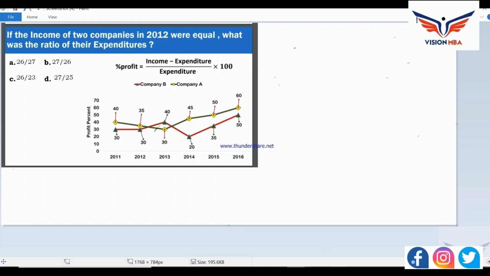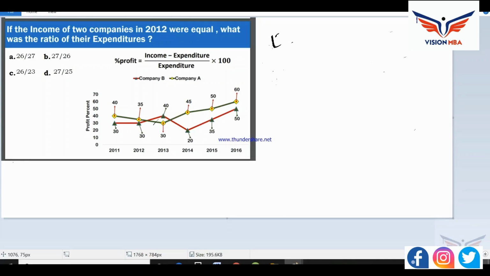If the income of the two companies in 2012 were equal, what was the ratio of their expenditure? Expenditure of A to expenditure of B will be equal to, income is already given, both are equal, so we don't have to calculate, but to understand this properly, let us take both as I. So income of A into 100 divided by profit percent.